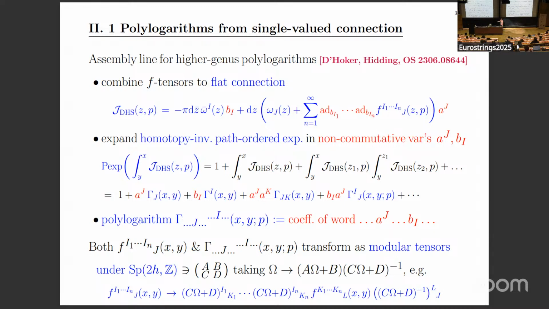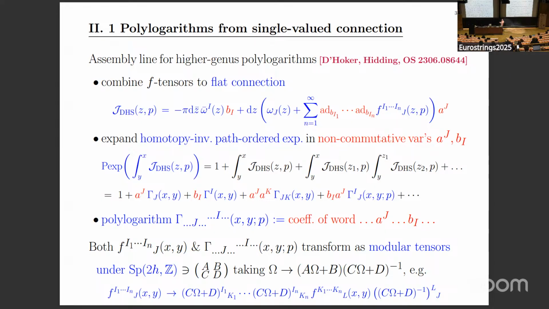And correspondingly, the Fs are modular tensors in the sense that if we do an Sp(2h, Z) transformation with this block form, then all the indices get matrix multiplied with these automorphy factors C omega plus D. So at genus 1, these are the famous C tau plus D factors. And there's also an inverse for the lower index.